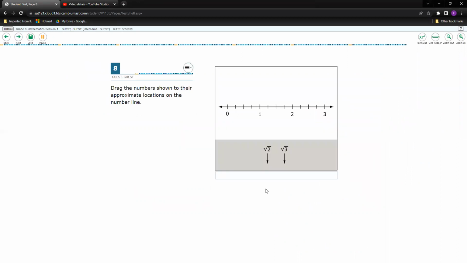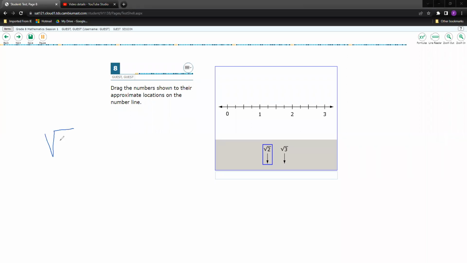Question 8 is a drag and drop tool. If I grab this square root of 2, I can place it on the number line. Another chance to tell you that the square root of 2 is approximately 1.4, and the square root of 3 is approximately 1.7.